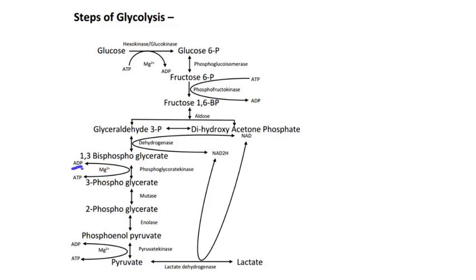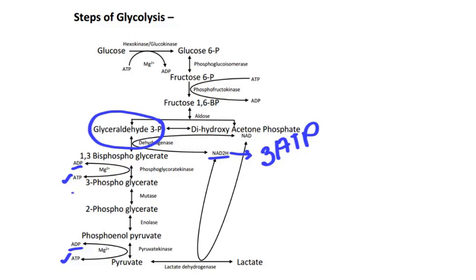Here in these two steps, 2 ATP is produced, and here 1 NADH is produced. This NADH can produce 3 ATP in the electron transport chain. So we can see one molecule of glyceraldehyde 3-phosphate can produce 5 ATP.